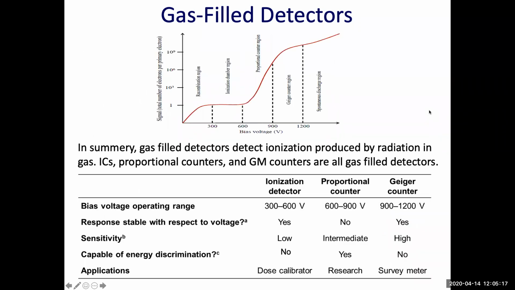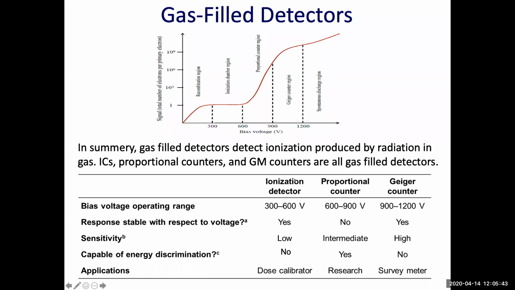To summarize, gas-filled detectors detect ionization produced by radiation in gas. Ionization chambers, proportional counters, and Geiger-Müller counters are all gas-filled detectors. The functional properties and applications of the various types are largely dictated by their respective operating voltage-dependent signals.